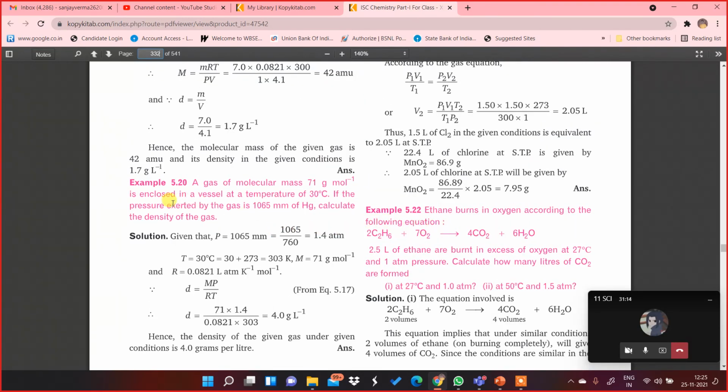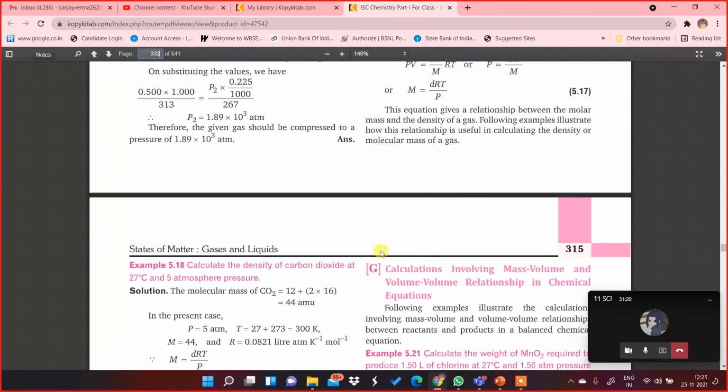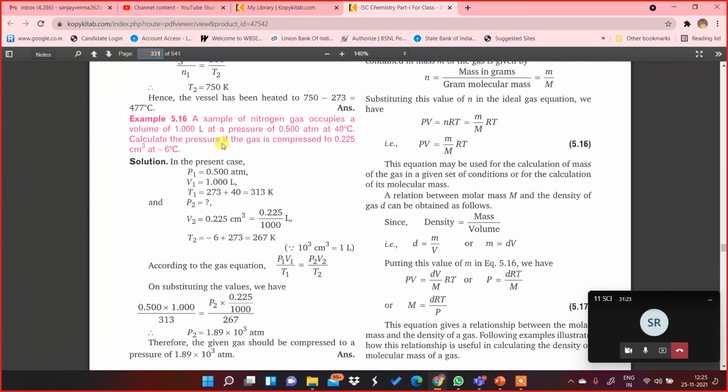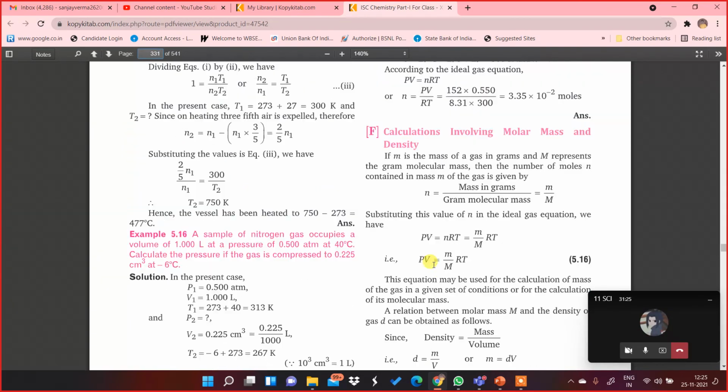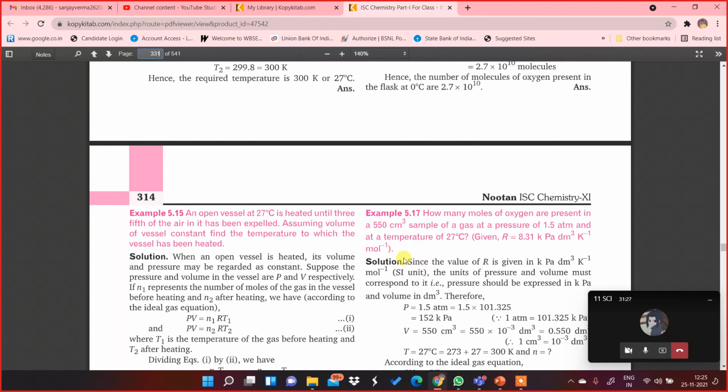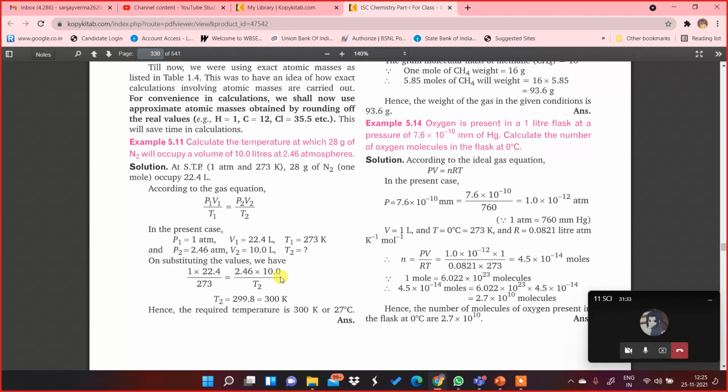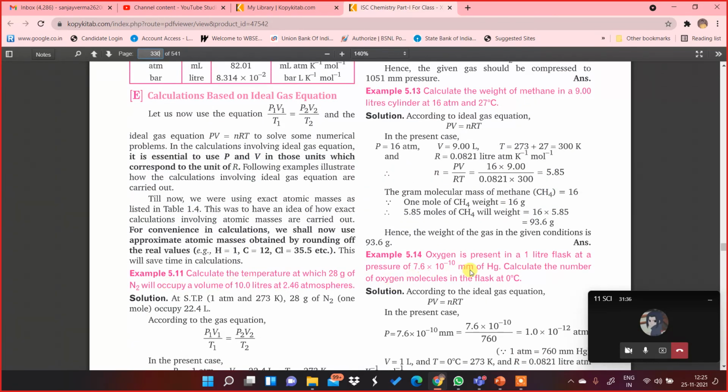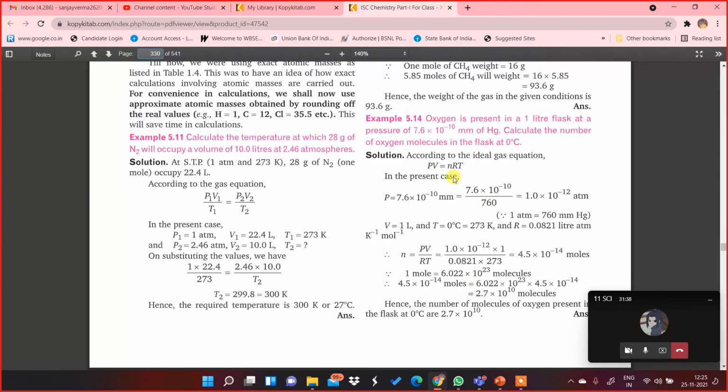Then examples 5.20 and 5.22. Then examples 5.16, 5.15 and 5.17, ideal gas equation, simple numericals. Examples 5.11 and 5.14, application of formula, PV equals nRT, this equation.